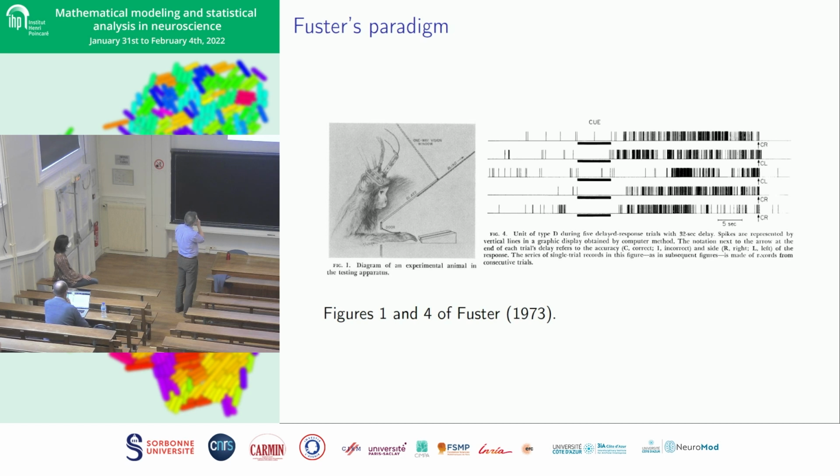When the cue comes, the activity doesn't change much, but during the delayed period, so while the monkey has to remember where the reward was, the activity of the neuron increases a lot. And when the blind is left, the activity disappears. What CR and CL here mean is that the reward is in the right box or in the left box. So you see that for this neuron, it doesn't matter in which box the reward is, just that there's a reward to remember.